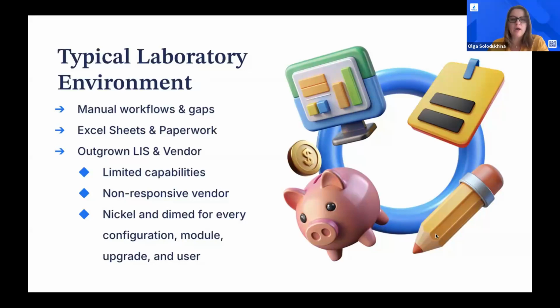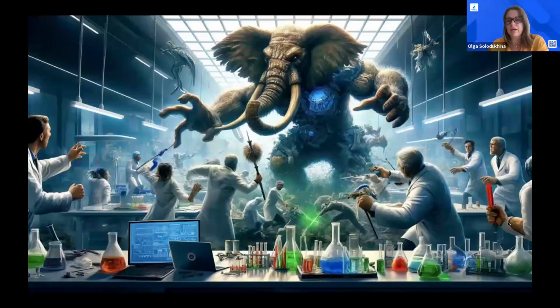To avoid all of these issues, labs start looking for solutions that can help them. And that's when this huge monster appears in the lab, right? When you try to pick the solution that best fits your needs, you start looking at different types of systems that can cover the gaps.